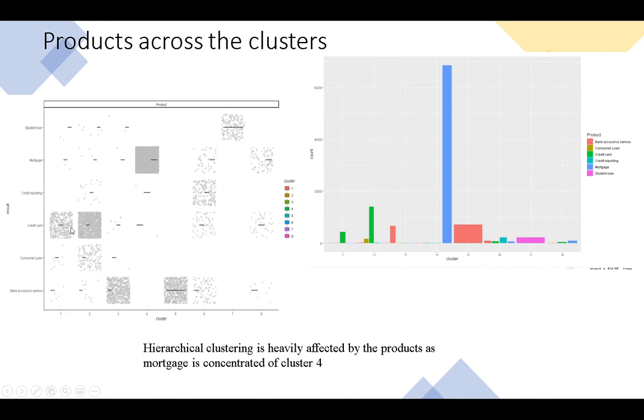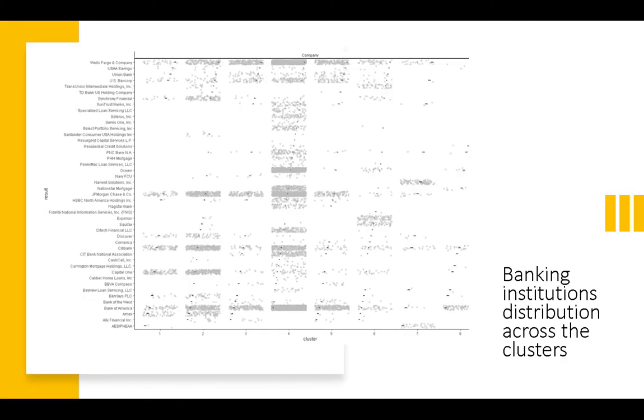Cluster 2 is credit cards, 1 and student loan are in cluster 7, and credit reporting is cluster 6. Cluster 6 has a bit of everything because credit reporting is involved with most of the financial loaning products. That's why it's distributed, and you can see that it has similarities from different products.